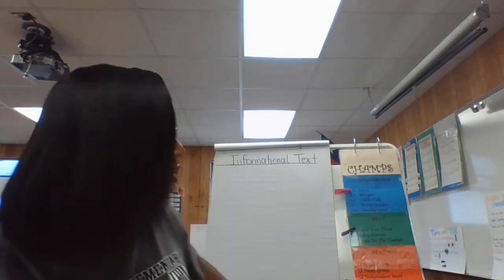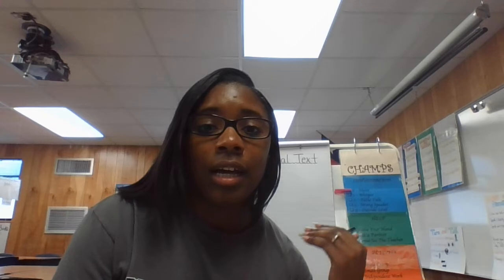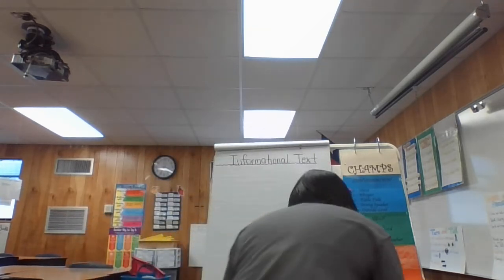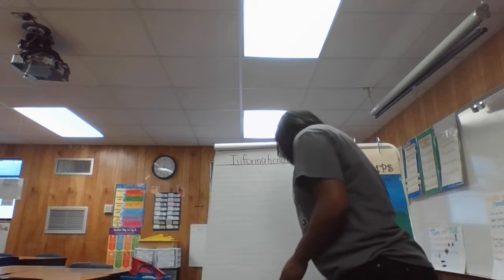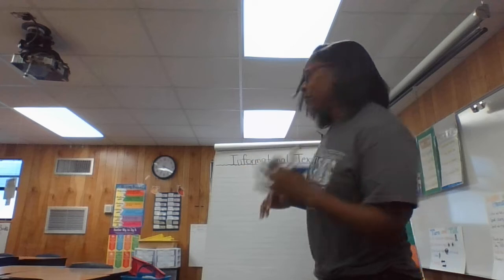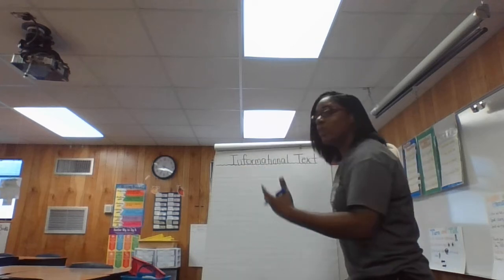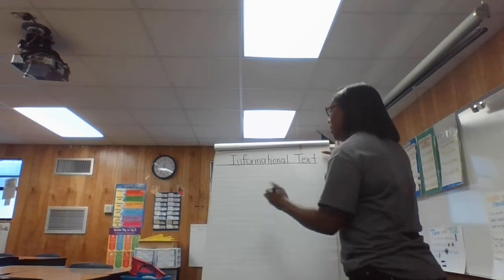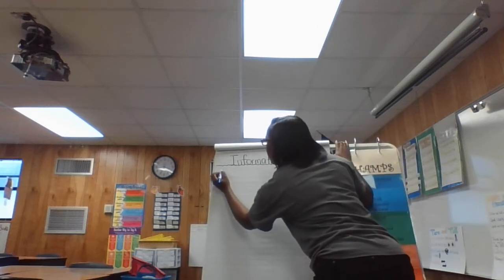The first thing that I want to teach you about informational text is the purpose. The purpose of informational text is to explain or give information about a topic. So let me write that one.